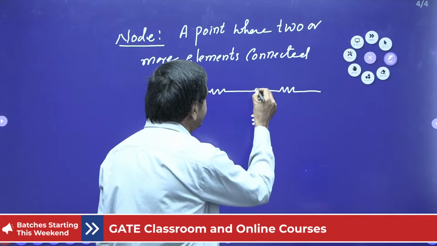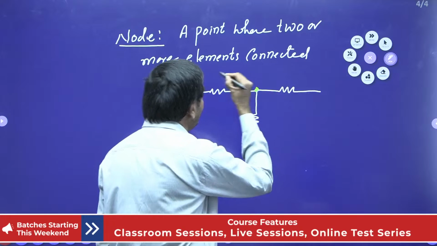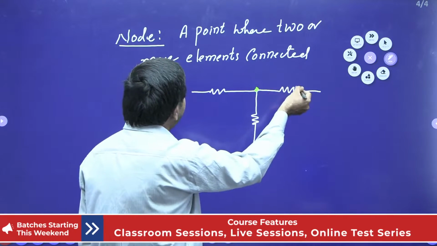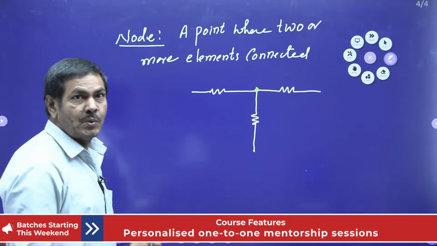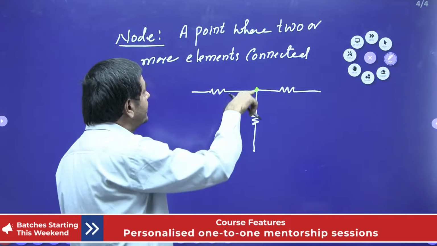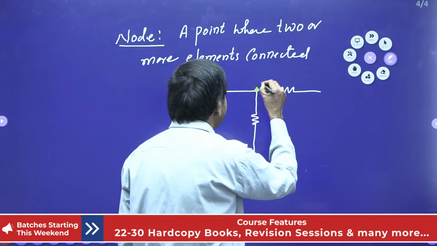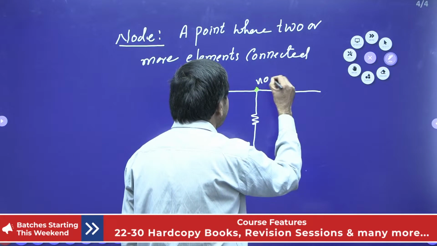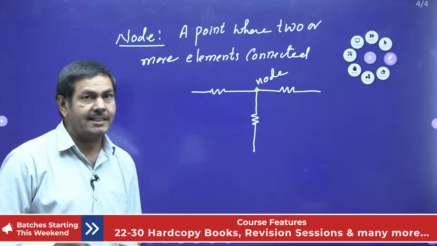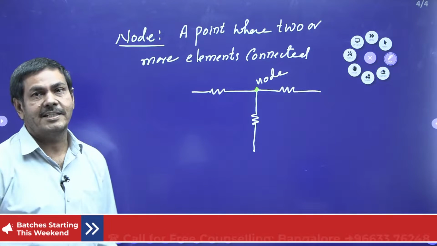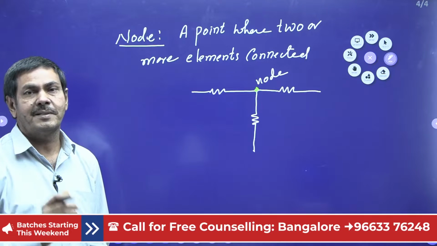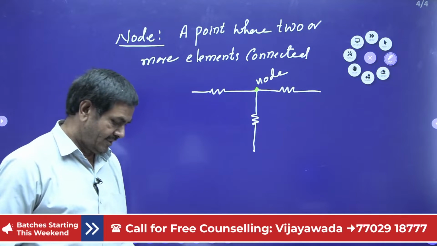Two or more; here three are connected in total. That becomes a node. Understand? I think students could understand. So whenever I say node, immediately you will get the concept of what that node means.